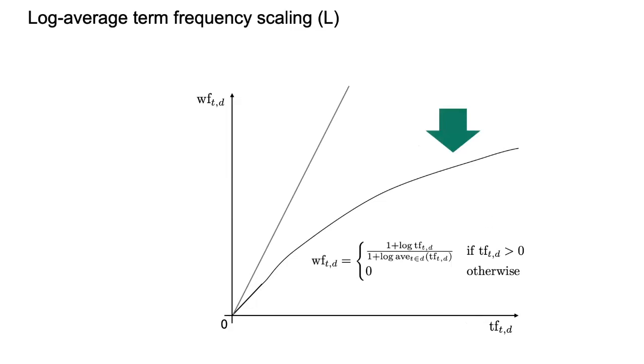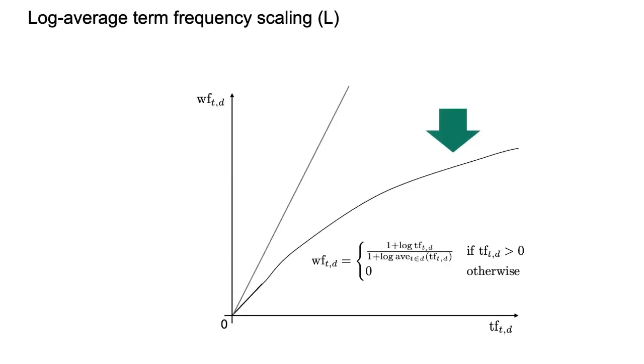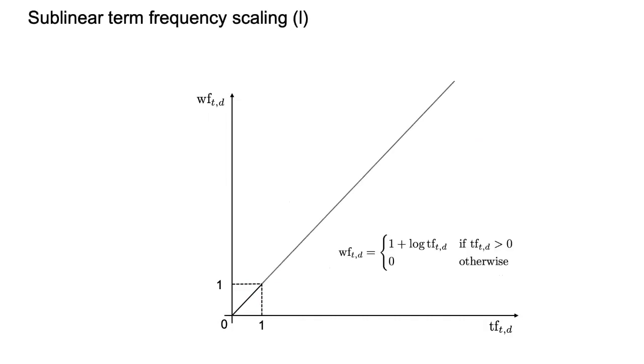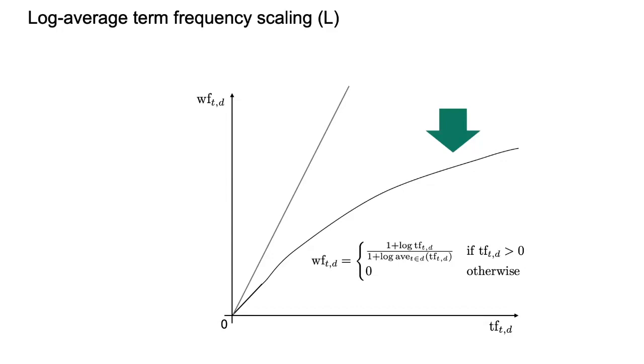And we have something that is even scarier, and I have no idea what that does, but it's called the log average term frequency scaling. And it looks like this curve that you see. It's also a way of logarithmically smoothing the thing, just like on the IDF part. Okay, so that's what's on the menu, right? N, L, A, B, or uppercase L. Okay, so that's for the term frequency. You can pick from this.